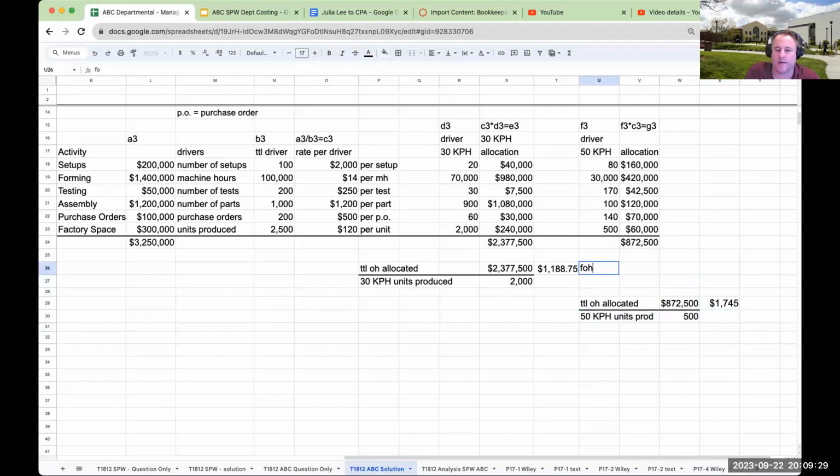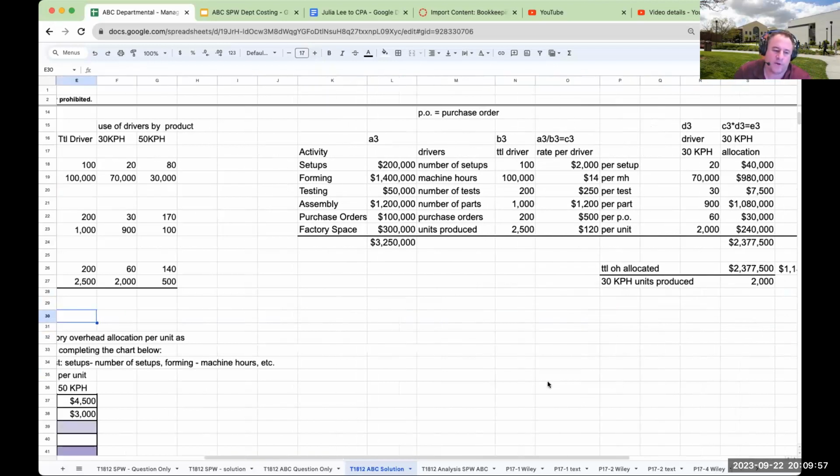So this is my factory overhead per unit for 30 kph. Let's make sure I get the right number here. That looks right. 1,745 factory overhead per unit for the 50 kph. So once I have these parts over here, now I'm ready to go to my chart.